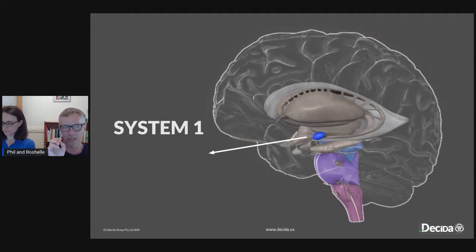So often when you've got a very strong emotion, it actually comes from this little part of the brain, and it's linked to your hippocampus, which you see under here in the gray, and your brain stem, and those very primal parts of the brain that get developed first in the womb. Also, they think they evolved first over time. So that's why they call it System 1. It's the first system that gets developed, right?